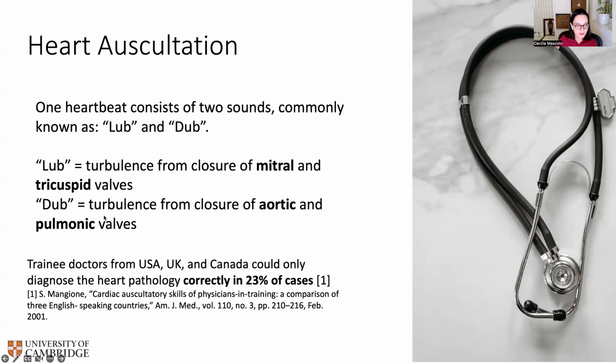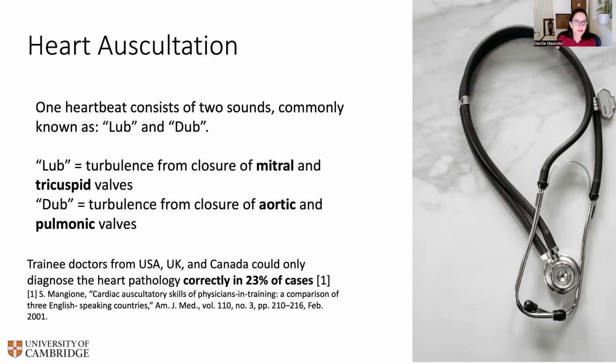But it'd be interesting to know that it's actually quite difficult to do. And this particular paper highlighted that trainee doctors from the US, UK, and Canada could only diagnose heart pathology in 23% of the cases. So it's a difficult thing to do. You need skill, you need practice, but maybe a machine can do it better.